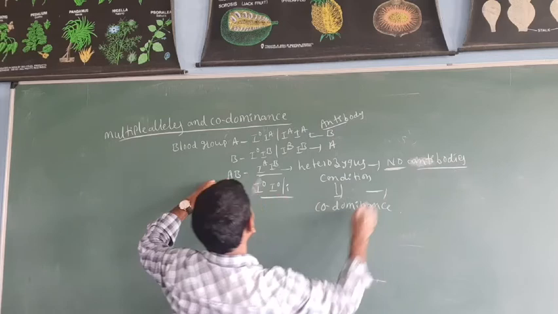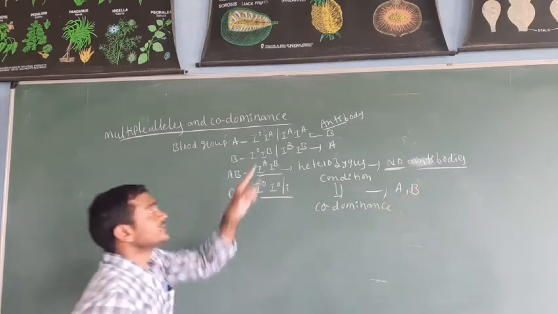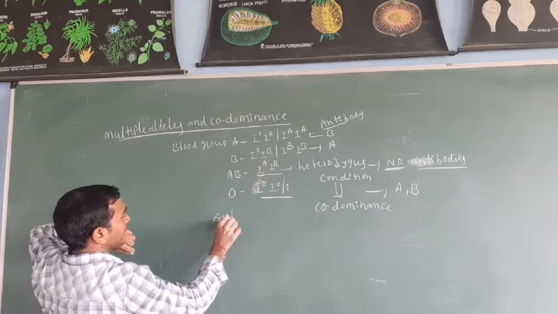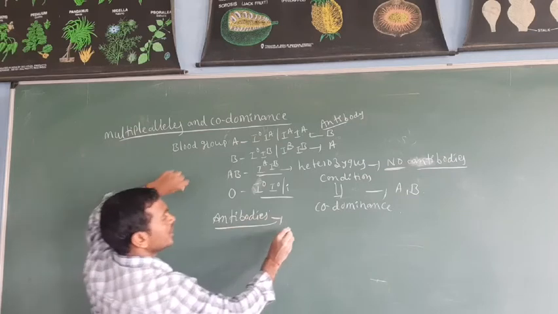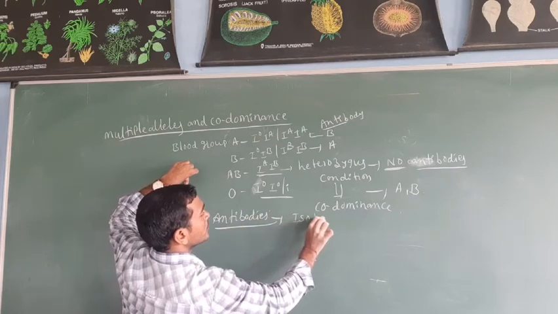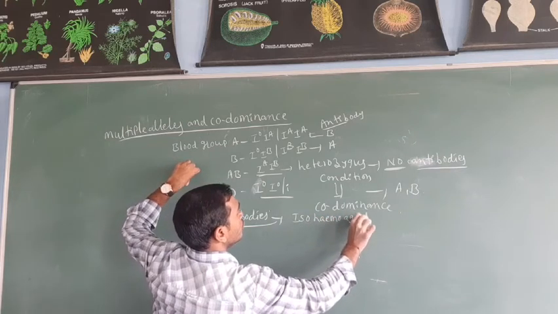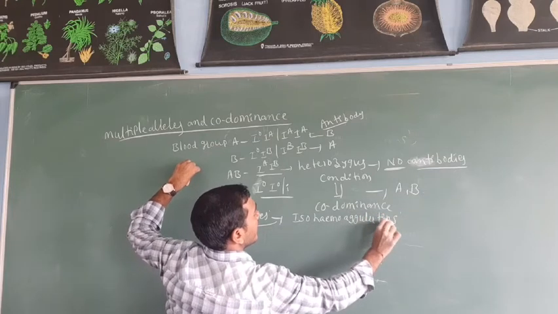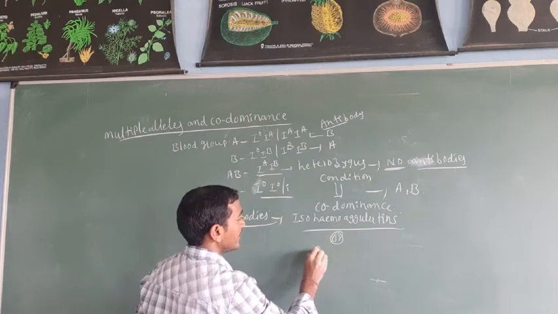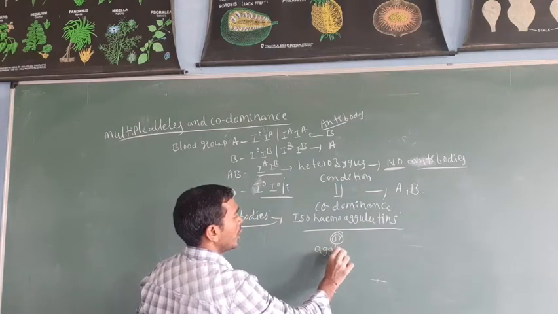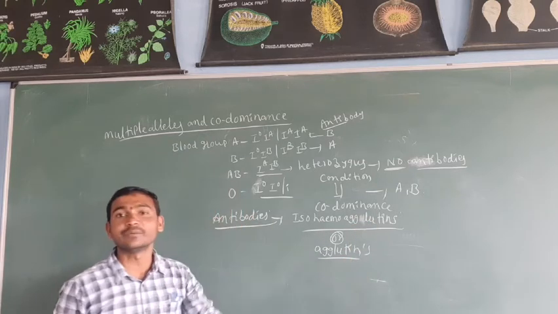O blood group has both antibodies A and B. All these antibodies are generally called isoimmunoagglutins or agglutinins.